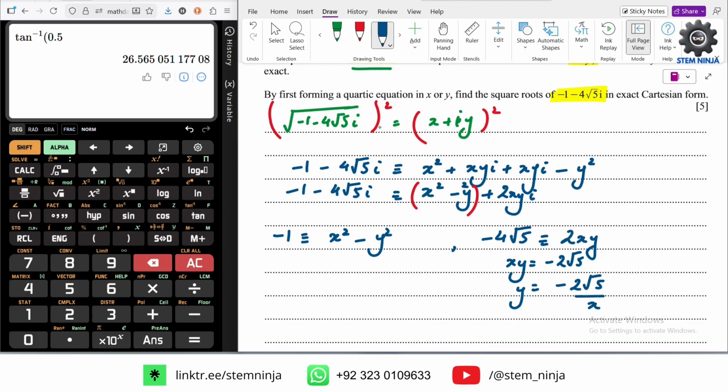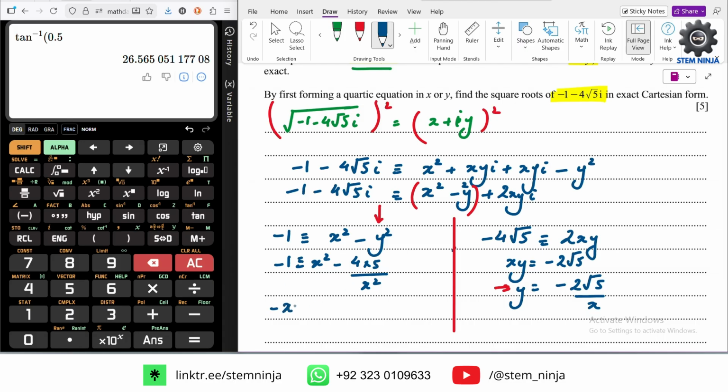Okay, now we plug this into this equation. So this would become minus 1 equals x squared minus y squared, where y squared would become 4 times 5 over x squared. So multiply by x squared, all three terms.